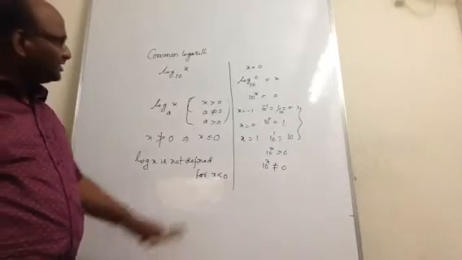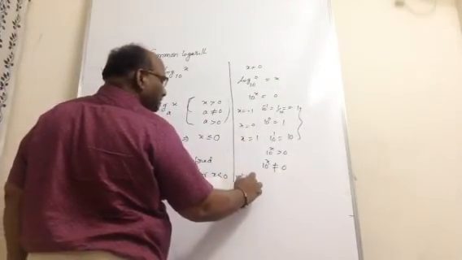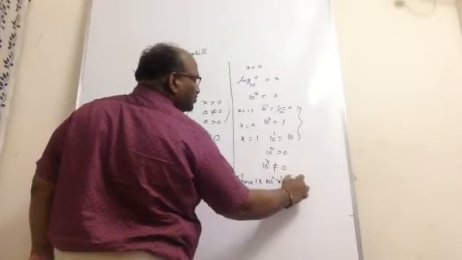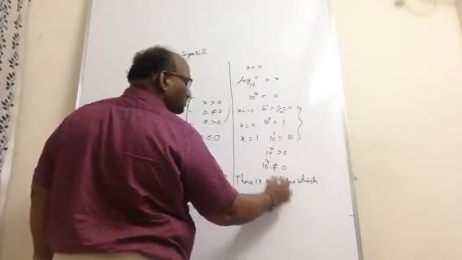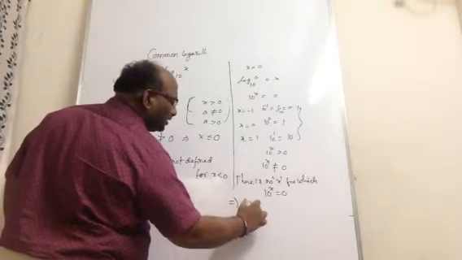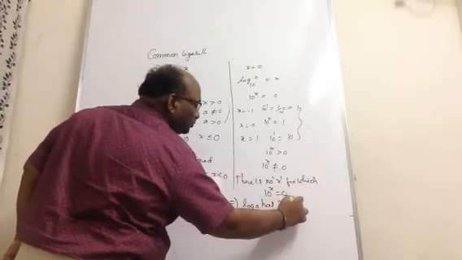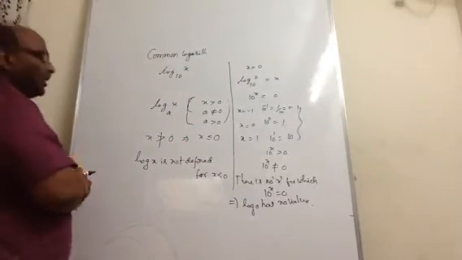Once 10 power x is never 0, what is the other way of saying it? There is no x for which 10 power x is equal to 0. No x means log 0 has no value. So now I hope you understood.